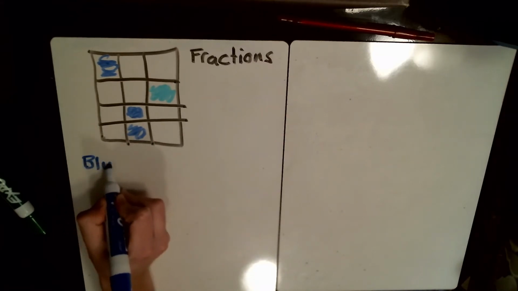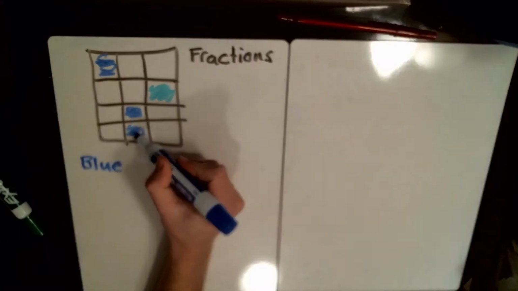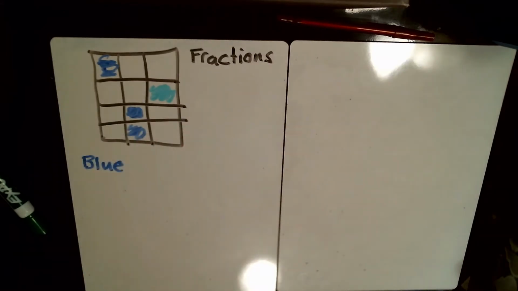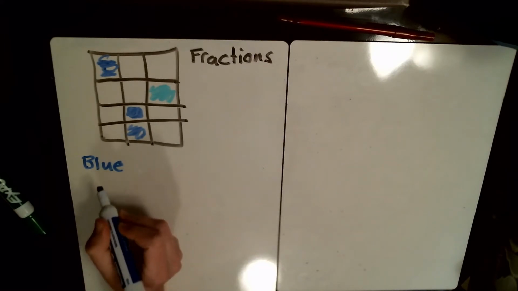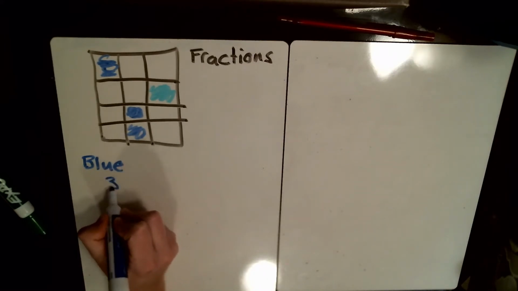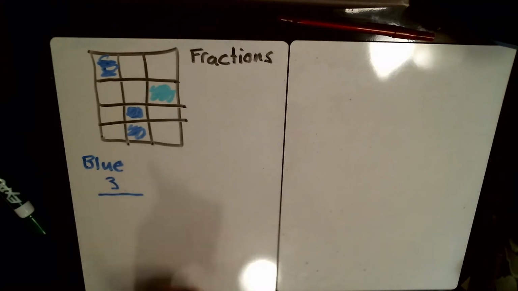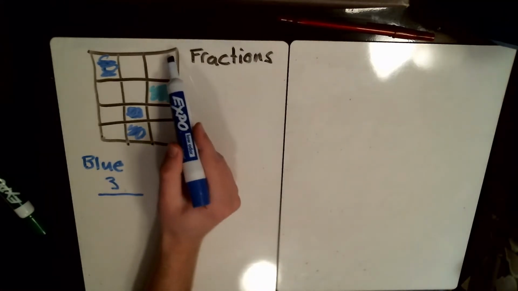Well, notice there are 3 blue pieces in this one large rectangle. So we would say there are 3 blue ones, and then divide that by how many pieces there are total.